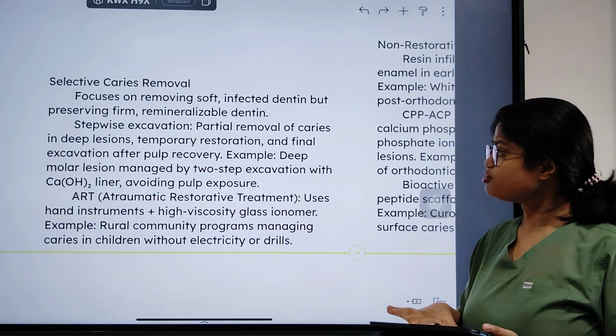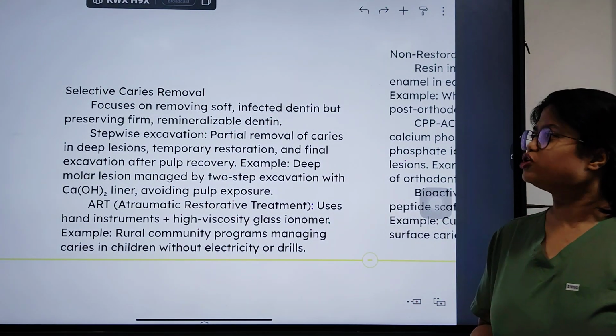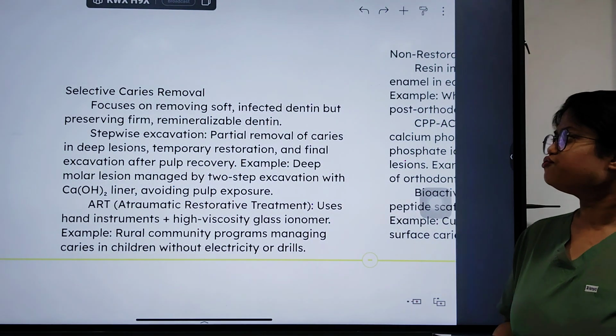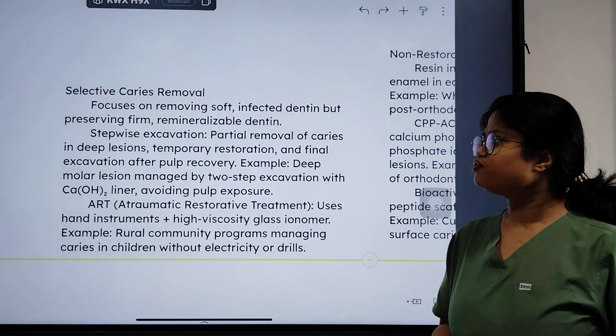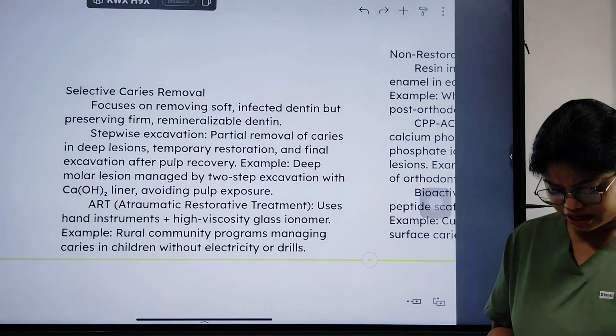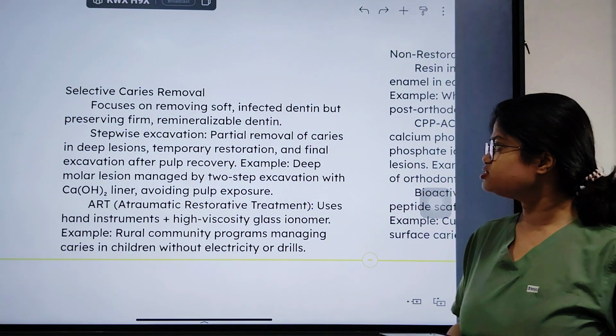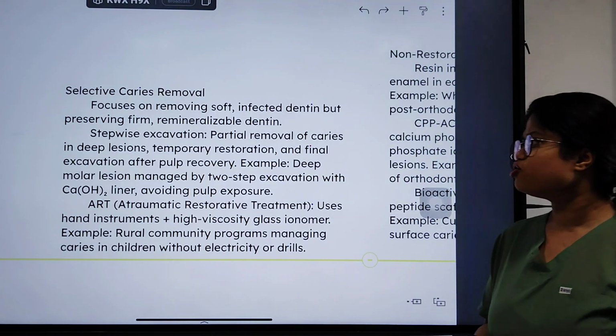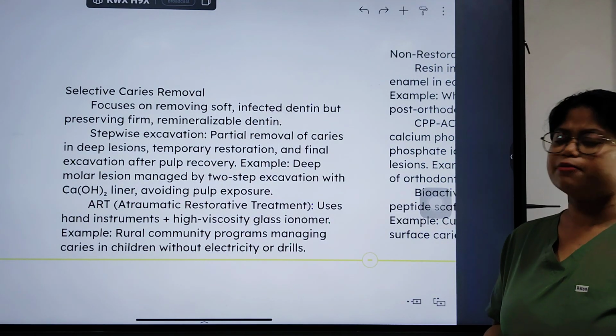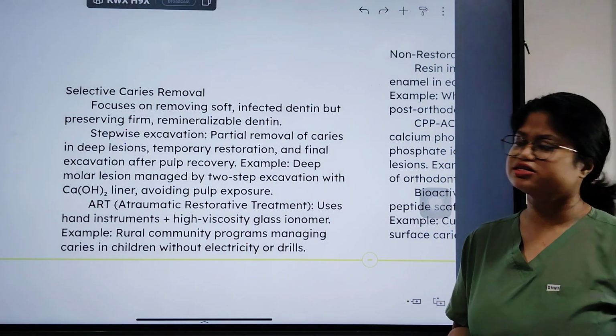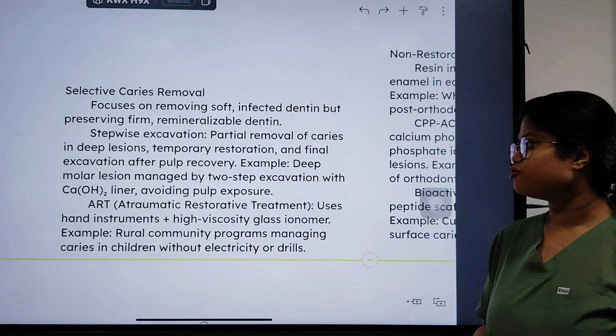Second comes selective caries removal, which focuses on removing soft, infected dentine but preserving the firm, remineralized dentine. Stepwise excavation is done, that is partial removal of the caries in the deep regions, temporary restoration, and final excavation after pulp recovery.